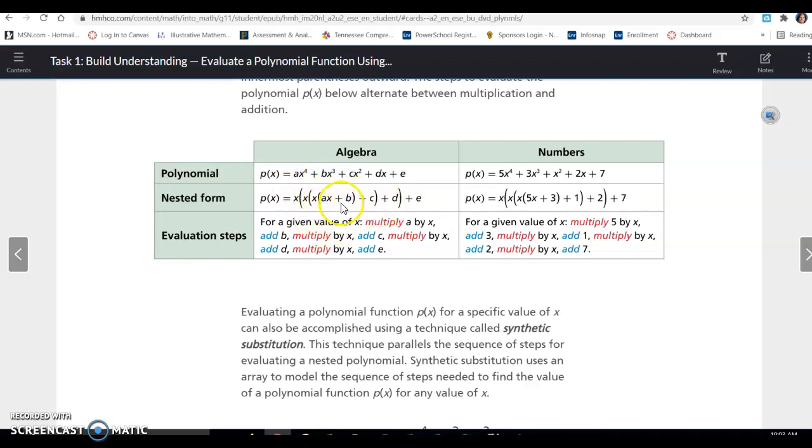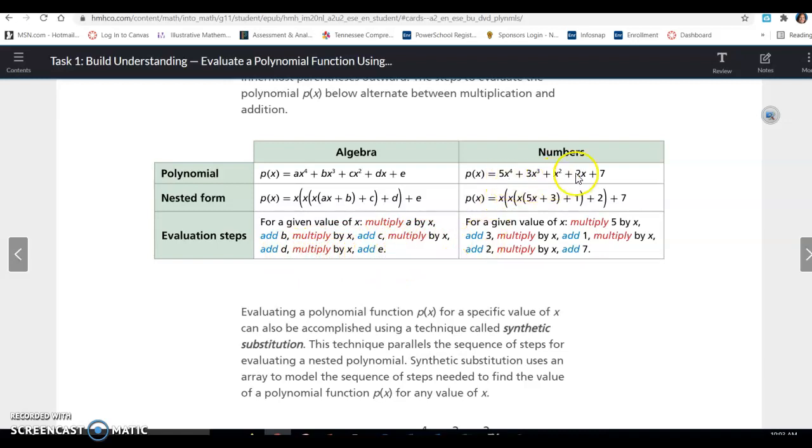So you can see ax plus b, and then you've got x plus c is your next factor, and then x plus d is your next factor, and then on the end is x plus e. The steps say for a given value of x, multiply a by x, then add b, multiply by x, add c, multiply by x, add d, and multiply by x and add e.